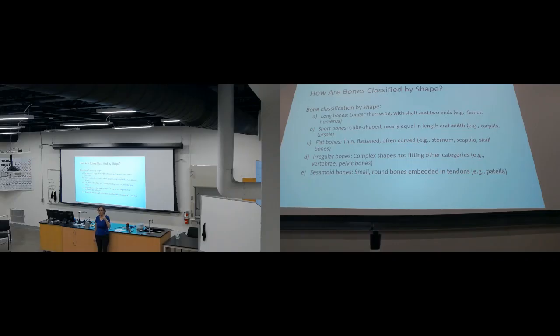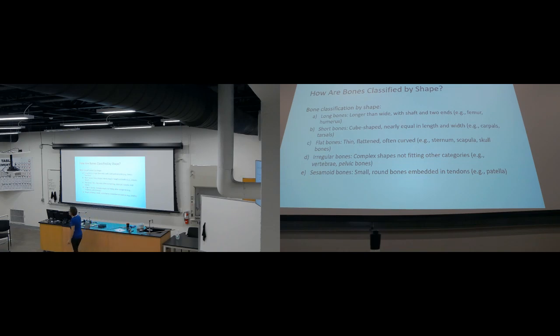Long bones have a middle portion that is called the shaft, and they have two endings that are called epiphyses. We have a proximal and a distal epiphysis. Examples of long bones will be the femur, this bone, and the humerus, this bone.